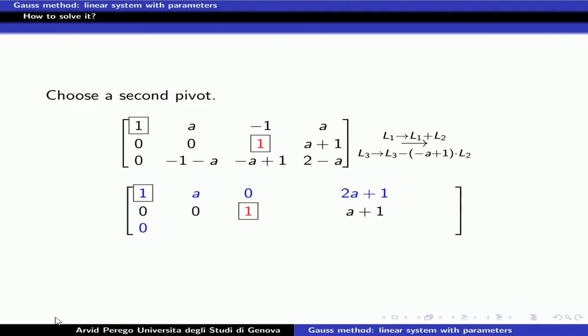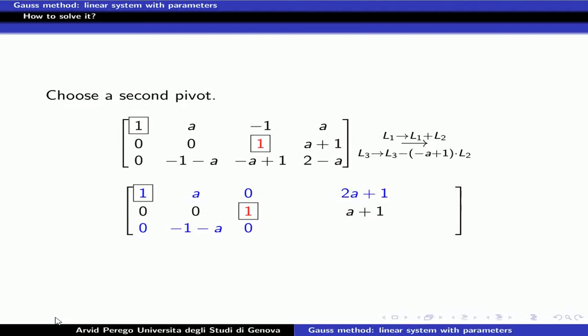Then you have minus 1 minus a minus a plus 1 times 0, so it is minus 1 minus a minus 0, so it is minus 1 minus a. Then you have minus a plus 1 minus a plus 1 times 1, so it is minus a plus 1 minus a plus 1, so it gives you a 0.